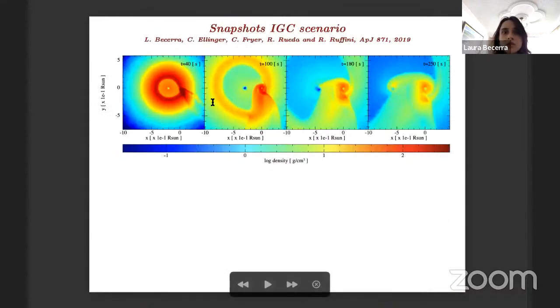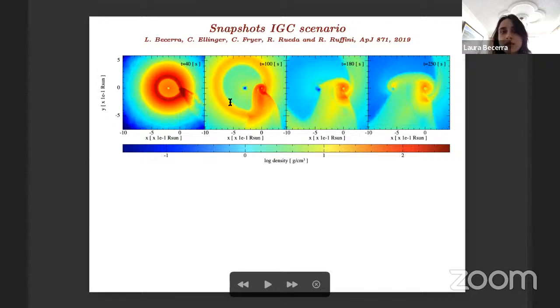So here there are some snapshots of the density on the equatorial plane at different times. So we see here the ejecta material from the supernova, and some of this material has been attracted by the neutron star companion and formed a tail behind the star. And with time, it starts to form a disk around the neutron star companion.